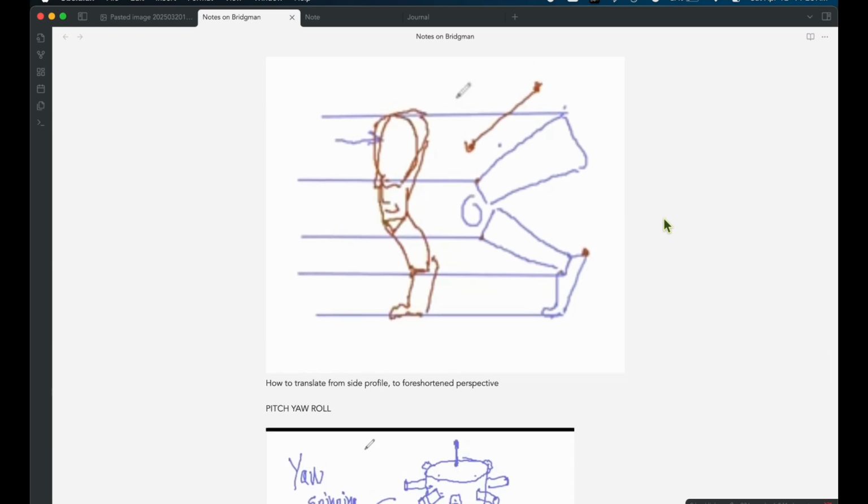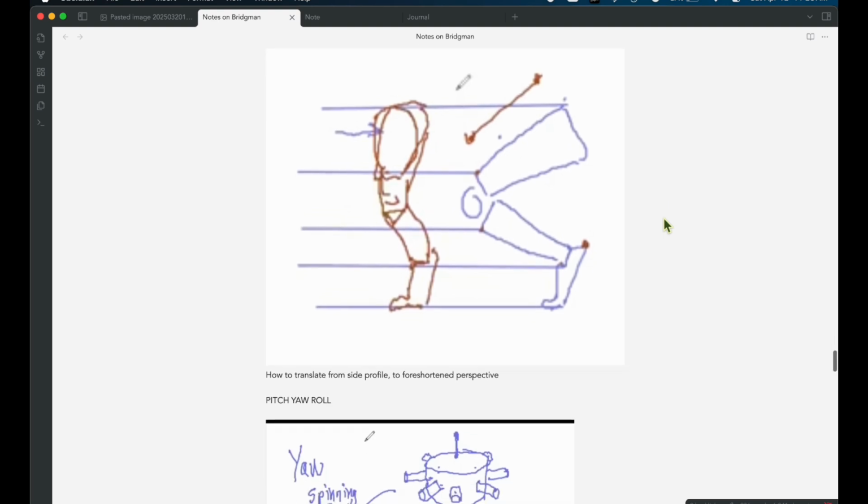Here we have a really valuable lesson on how to translate something in its side profile to a foreshortened version. You essentially put horizontal lines as markings for every point of the figure, and then you use that as a reference for turning the figure into a different angle.